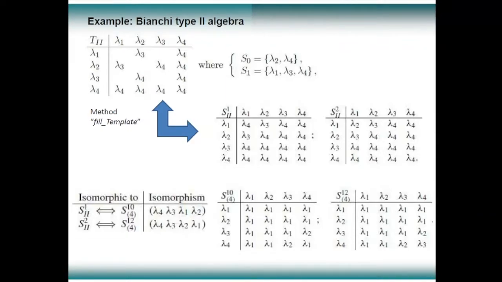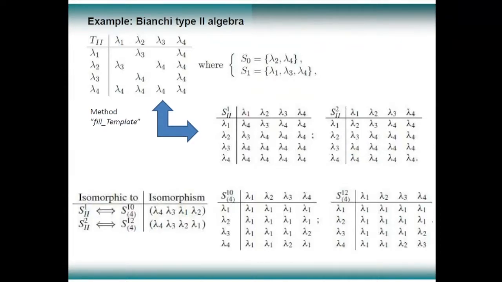In our library, we have one method in particular that's called fill template. We get this template with blanks. It's going to fill it, and it's going to fill it as a semigroup. We do this, and we get this. There are two.